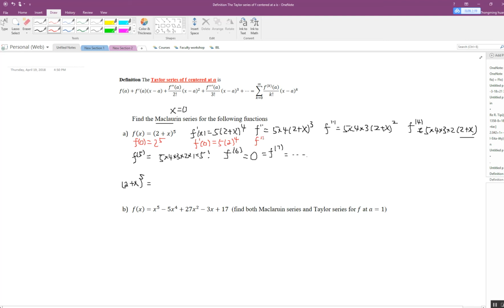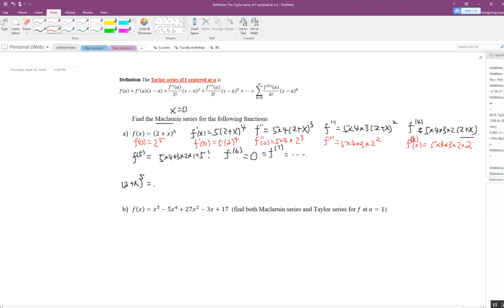The second derivative at 0 is going to be 5 times 4 times 2 cubed, and so on and so forth. Then 5 times 4 times 3 times 2 squared. And the fourth derivative at 0 is going to be 5 times 4 times 3 times 2 times 2. And the fifth derivative at 0 certainly is just 5 factorial.